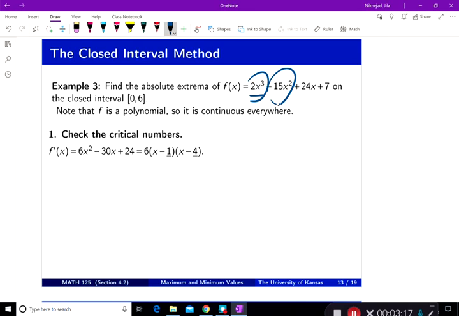The derivative of the second term is negative 30x. The third term is 24, and 0 for the last term. And then you want to set this equal to 0. So as usual, the best method is to factor everything. And when you factor everything, then you can find the zeros of the f prime.